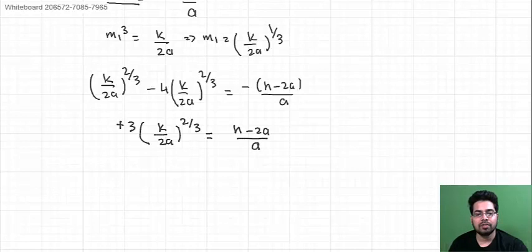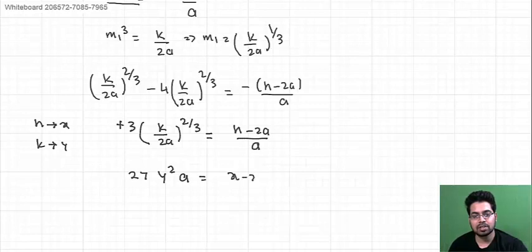Now if I cube both sides, and replace h with x and k with y, because this is what we do in finding the locus, I will get 27 here, this k would become y square, and on cubing this will become (x minus 2a) whole cube, and this 2 square, 4, will come over here.